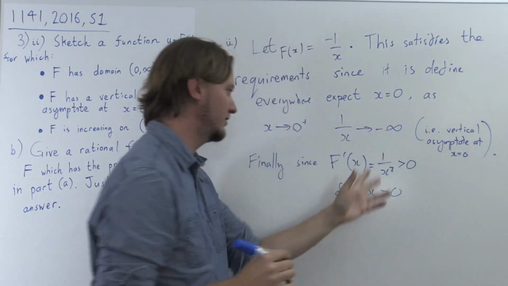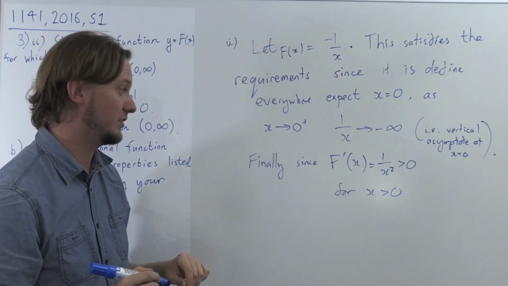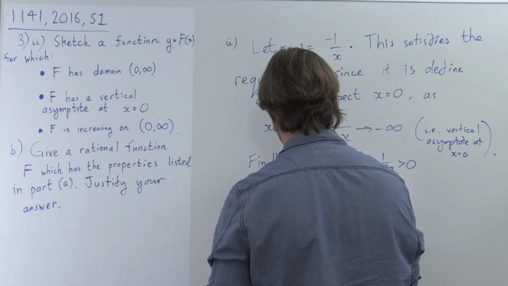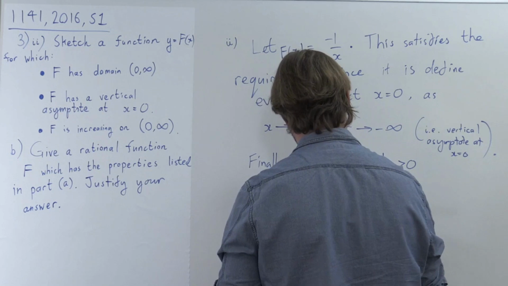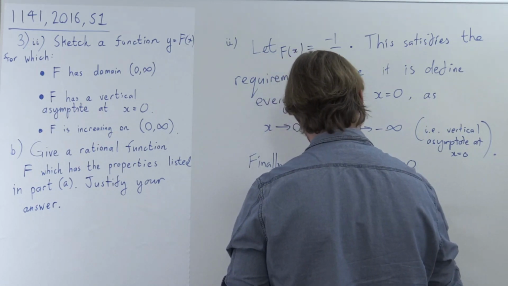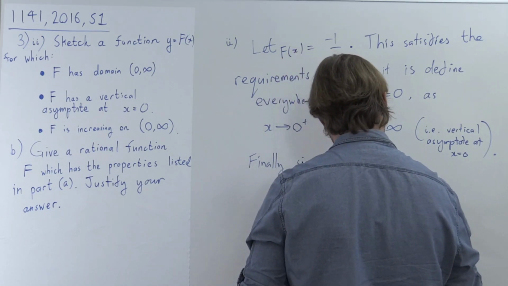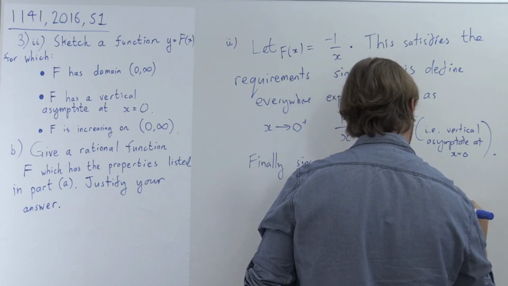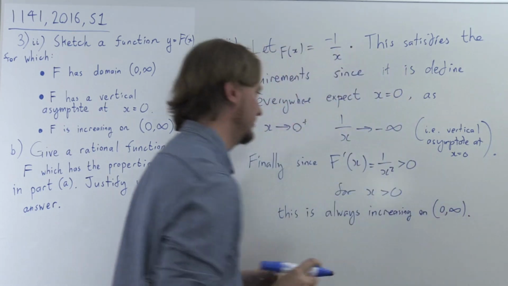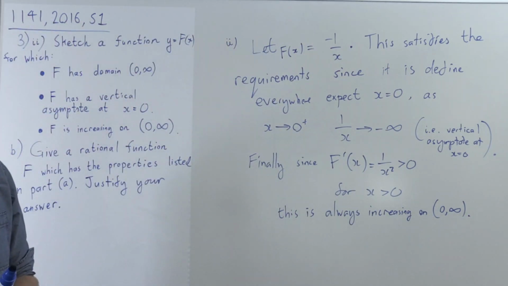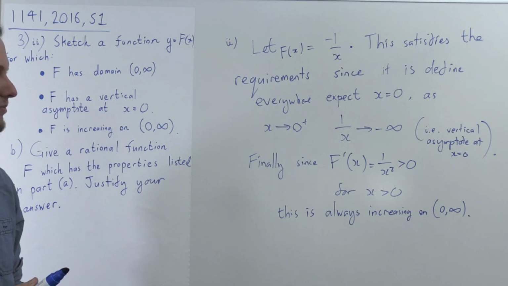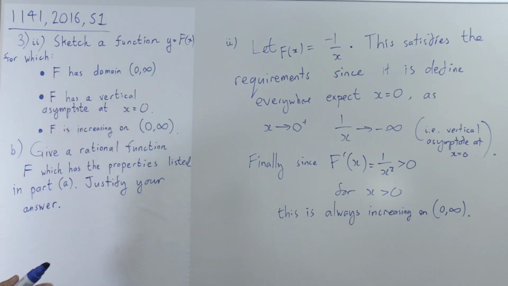In fact, it's greater than 0 everywhere except where it's not defined. So this is always increasing. I'll be a bit more precise: it's always increasing where they want it to increase. So that's a perfectly good function. I think I've shown it does satisfy these 3 properties.